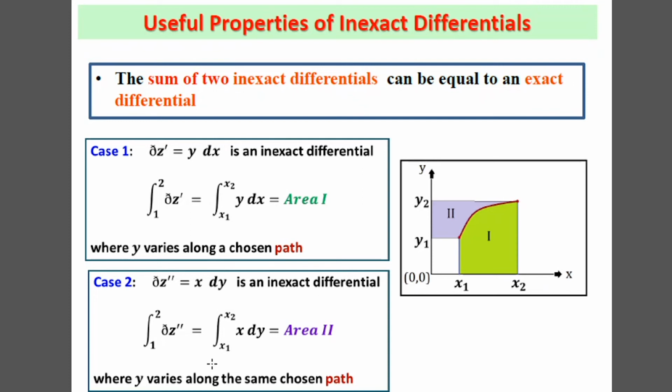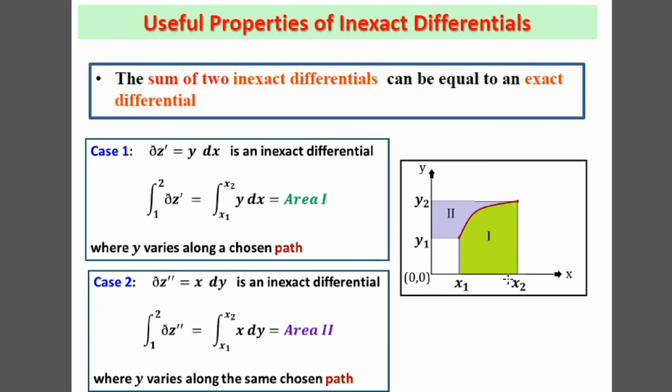The area corresponding to this is the blue one, and the area corresponding to the earlier one is the green one. So I have two differential forms, the sum of two inexact differentials. This is inexact, and this is also inexact. This represents the area here, and this represents the area here.